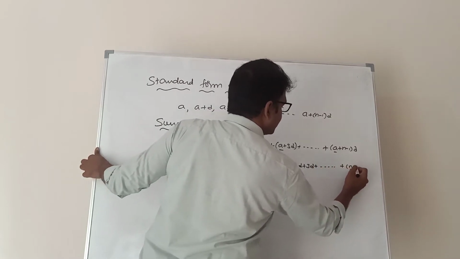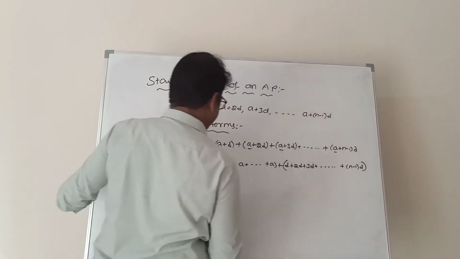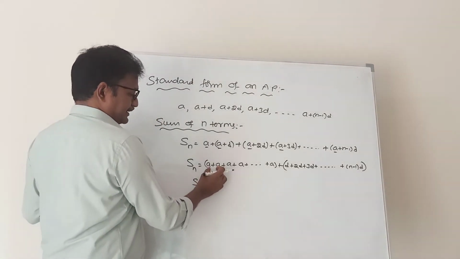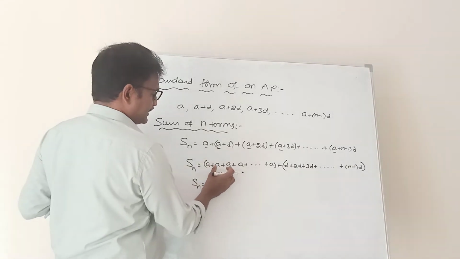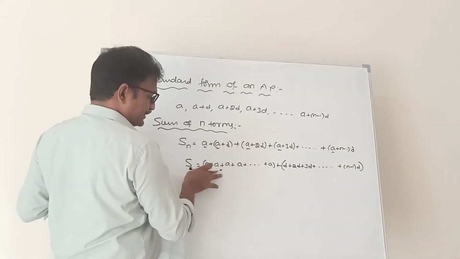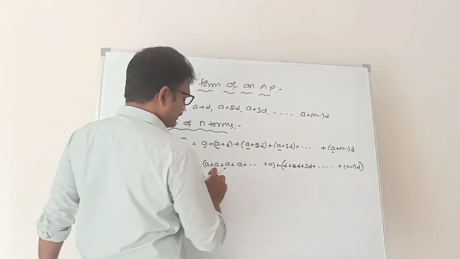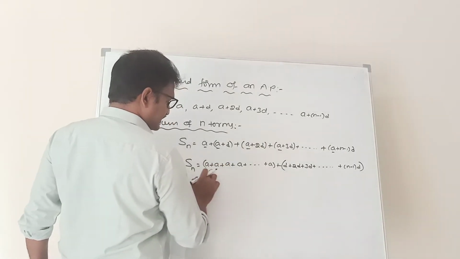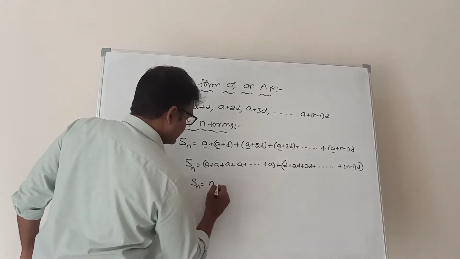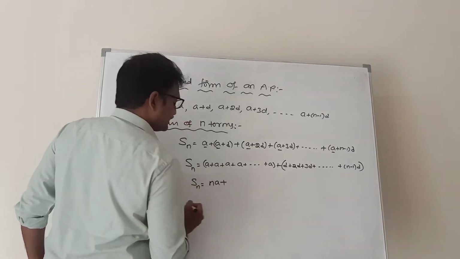What is the last term? N minus 1 into D. If you add 2 A's, A plus A is 2A. If you add 3 A's, it is 3A. If you add 4 A's, it is 4A. Similarly, how many A's are there here? N A's are there. Therefore, it is nA plus.